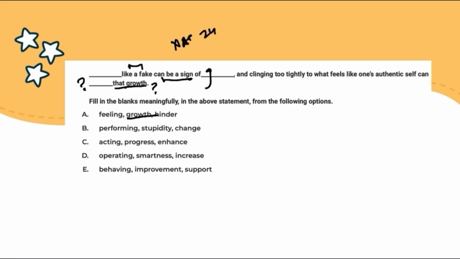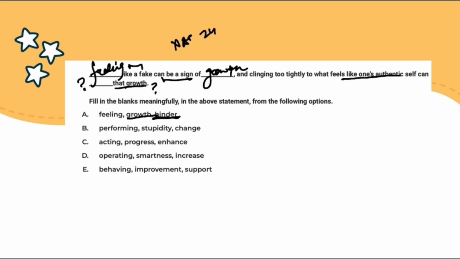Second one, based on this, feeling like a fake can be a sign of growth, and clenching too tightly to what feels like one's authentic self can dash that growth, can hinder that growth. Makes complete sense, right? Now, there is another option, which says acting, progress and enhance.